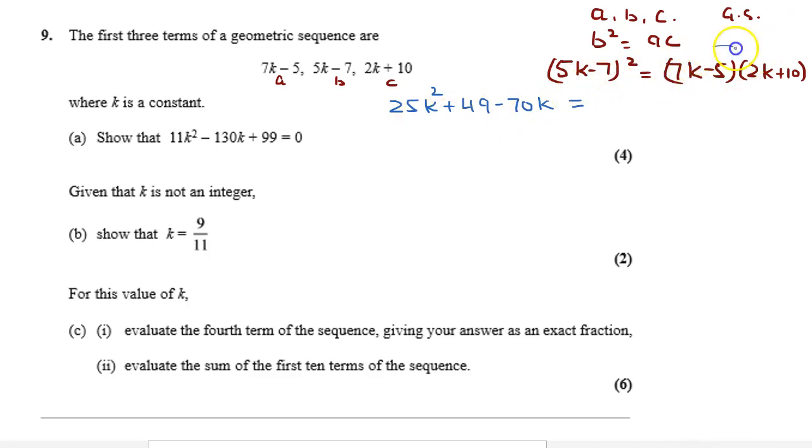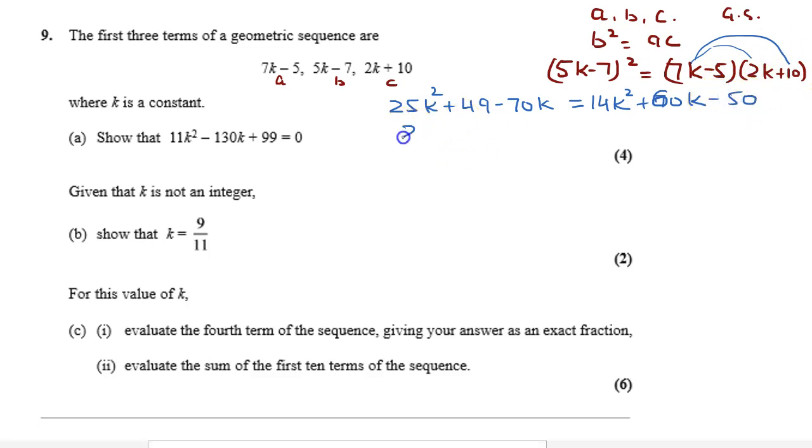Now we have to multiply 7k by 2k, that is 14k square. Then 7k by 10, that is plus 70k, minus 5 by 2k, so it is minus 10k, so resultant will be 60k, and minus 5 times 10 is minus 50.